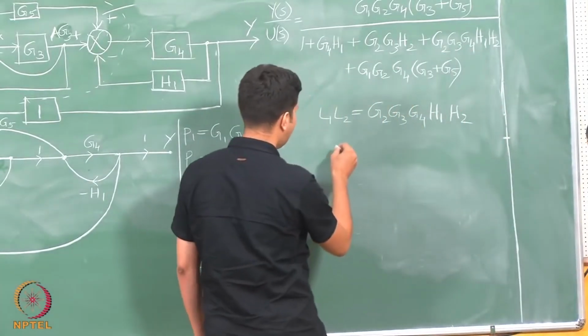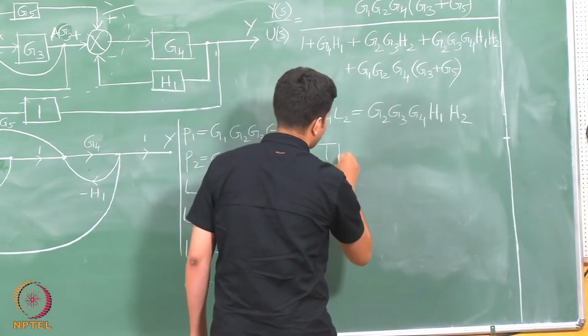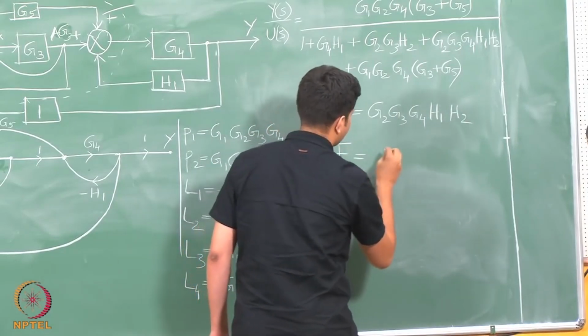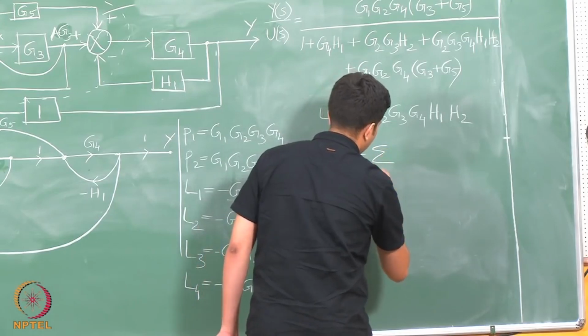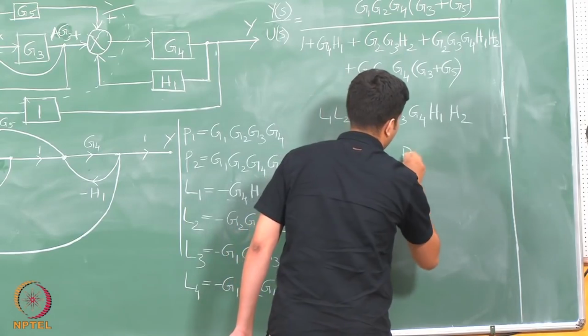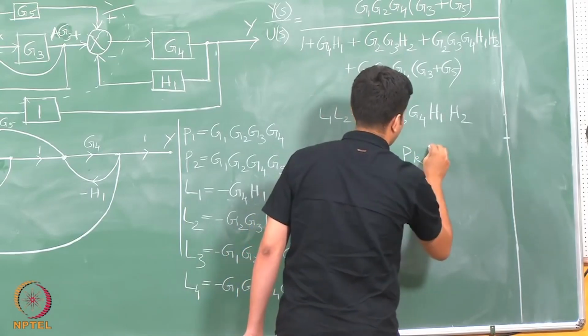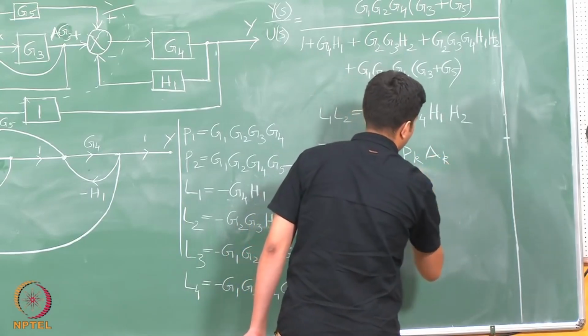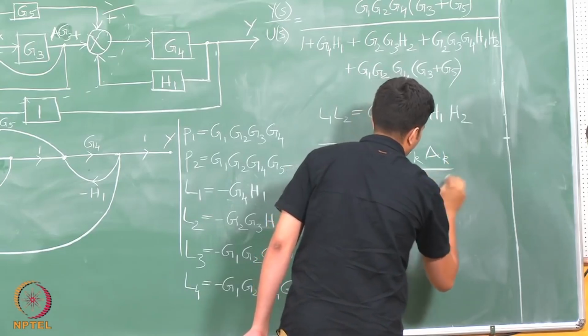So, we looked at Mason's gain formula, giving us the transfer function as sigma k equals 1 to n, p k, delta k over delta.